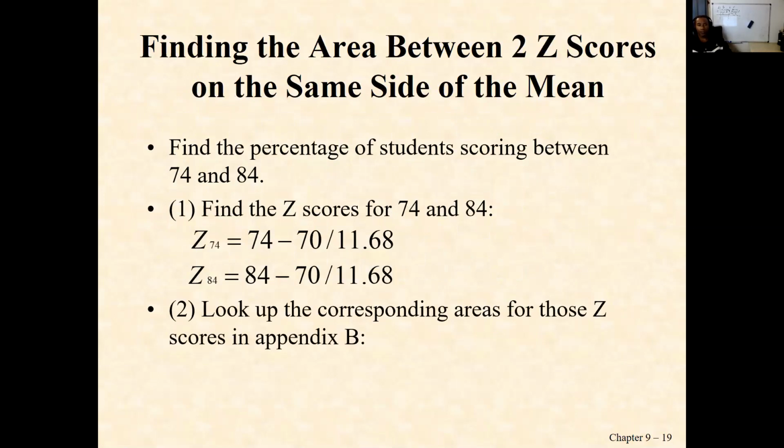You take 4 and divide it by 11.68, and your z-value in that situation is going to be 0.34. And then for 84, you're going to get 14 divided by 11.68, and you're going to get a z-value equal to 1.19.